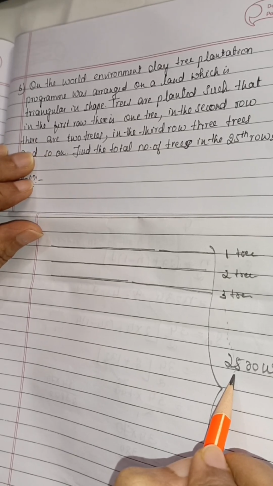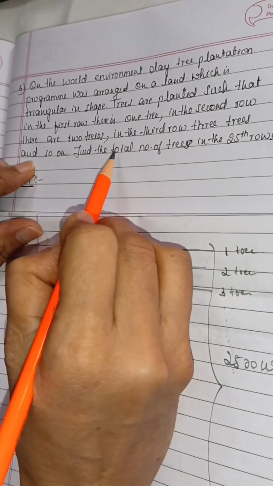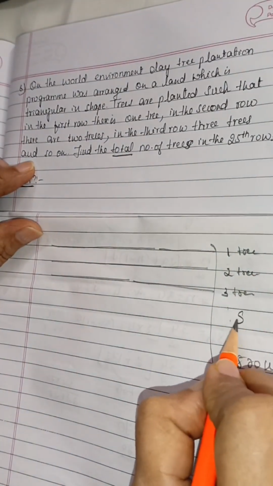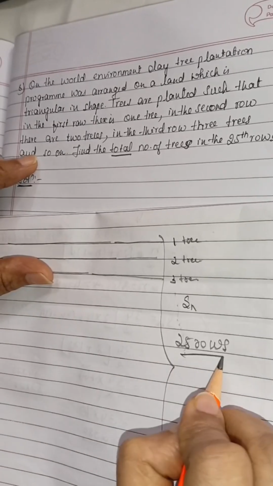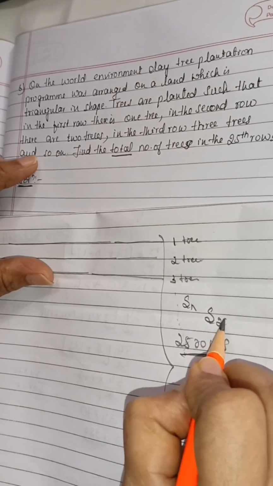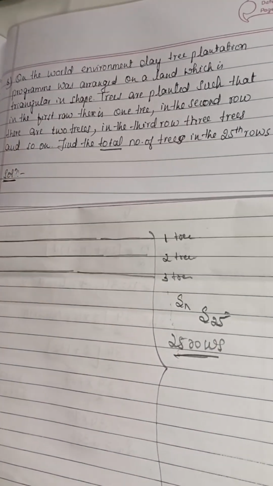You have to find out the total. See again, here it is total. You have to find out SN, that is 25 rows. Number of rows is 25. Therefore S25 you have to find out. Only that much.